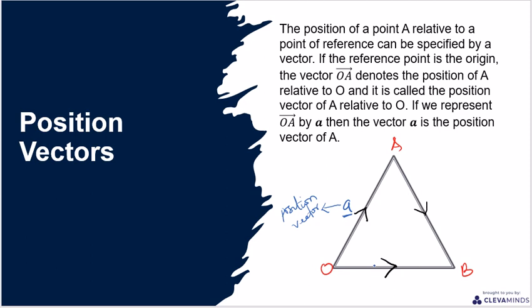OB also has a position vector of B, because it is relative to the origin O. What I want you to understand is that both vectors OA and OB, which are line vectors, originate from O. So because they originate from O, we can say that the two vectors have their position vectors to be A and B respectively. So that's what we meant by position vectors.